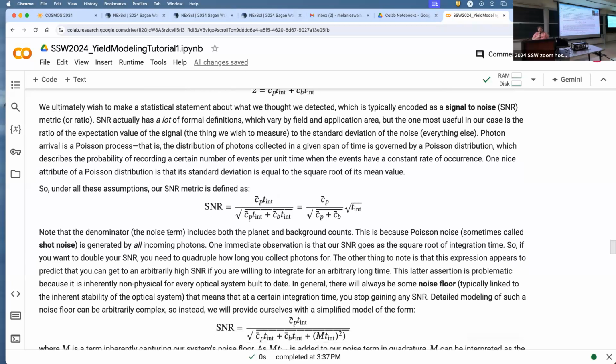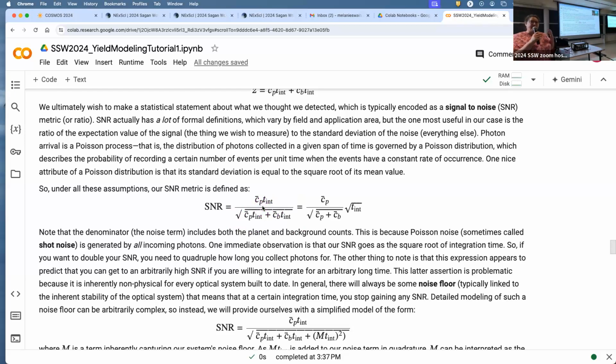So to make it statistical, we're going to use this definition of SNR here, where the top is the signal. So we've got the counts from the planet. And what we really mean is the mean or the average counts from the planet multiplied by the integration time. And then the standard deviation on that is that we're going to take the square root of the sum of the counts that we get from the planet because there's shot noise on those.